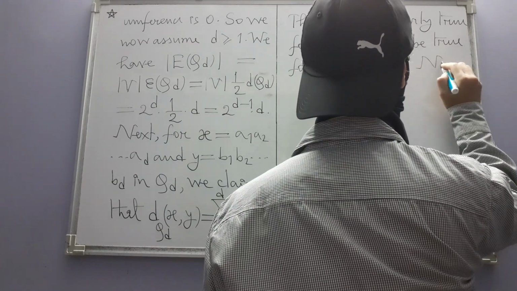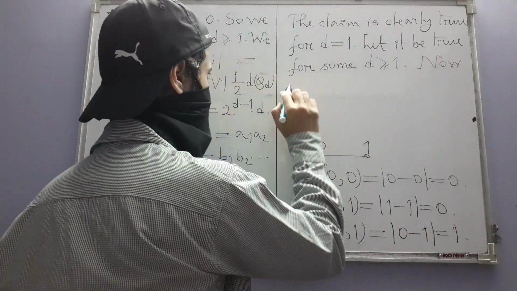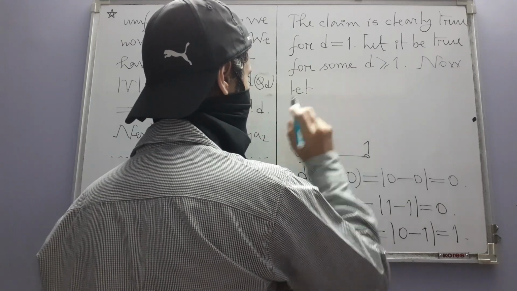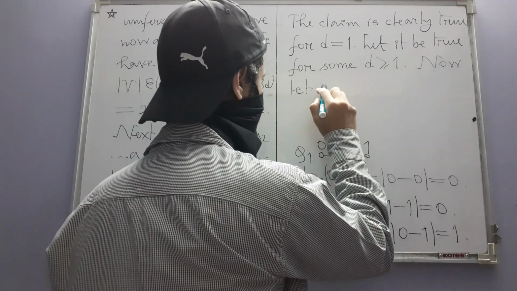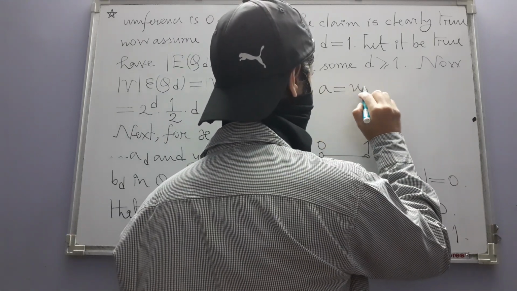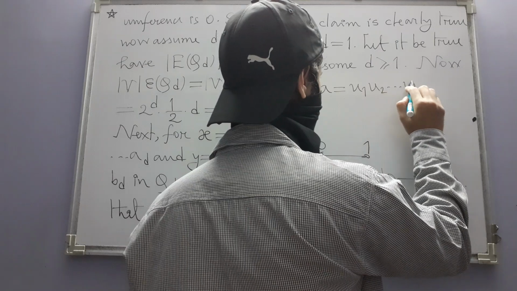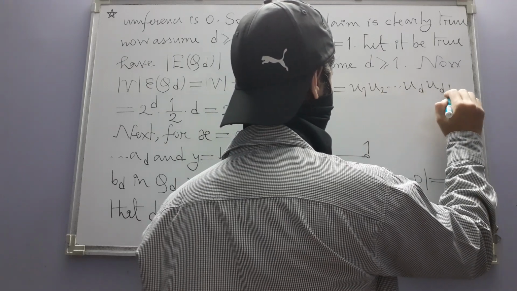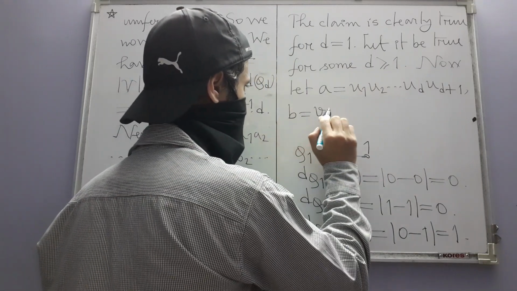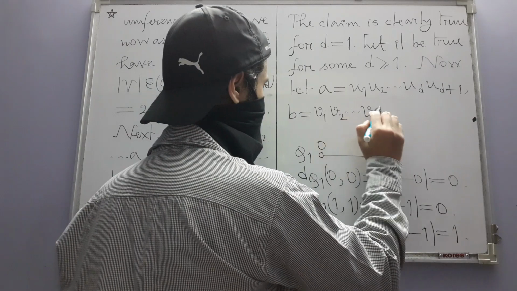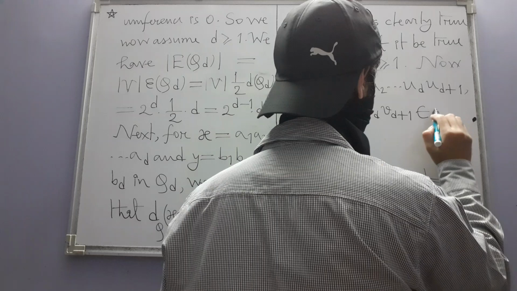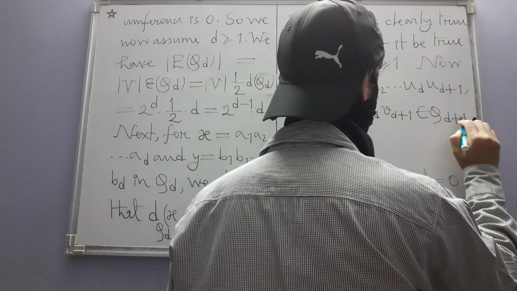Now let a equal to u1 u2 ... ud plus 1 and b equal to v1 v2 ... vd plus 1 belong to Qd plus 1.